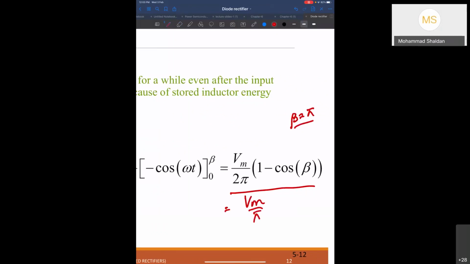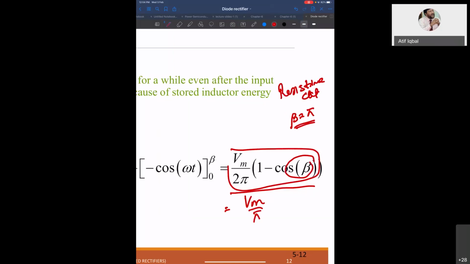So beta equal to pi is the same as the resistive circuit, as if the inductor is not there. So now you see this beta is causing a reduction in the overall output voltage. Yes, because your average voltage was Vm by pi. This must be greater than this value, Vm by 2 pi times 1 minus cos beta.